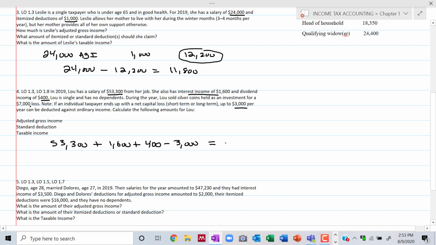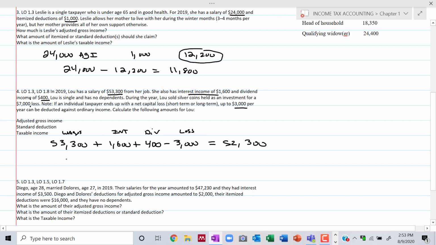And so our AGI will be $52,300. Again, wages, interest, her dividend, and the loss ceiling.